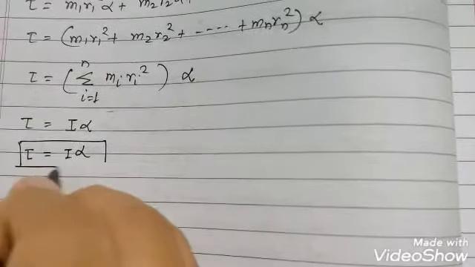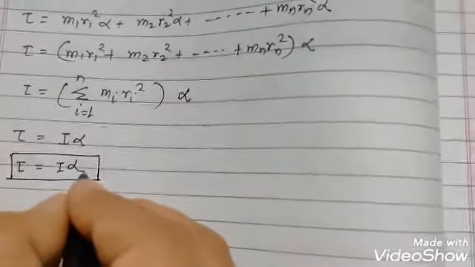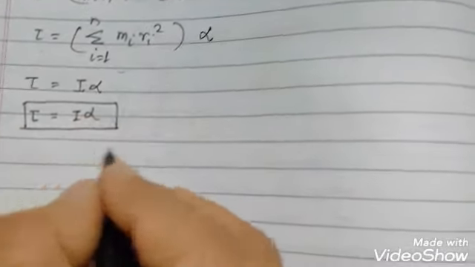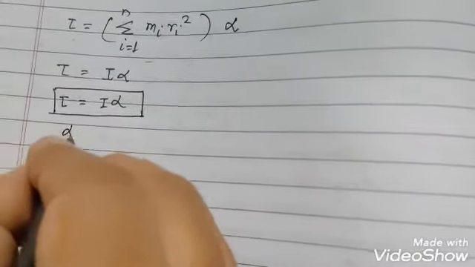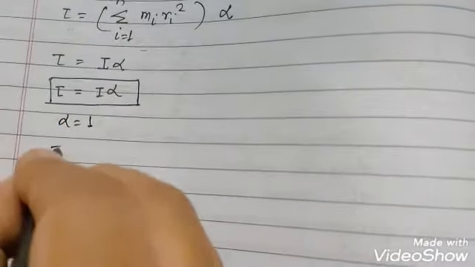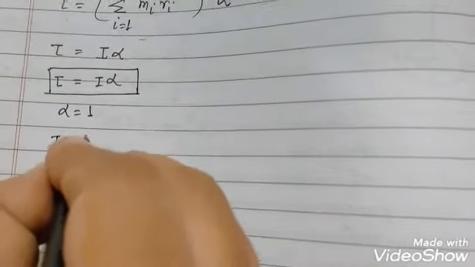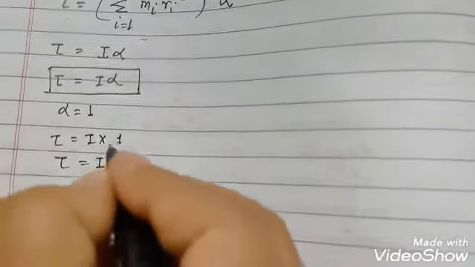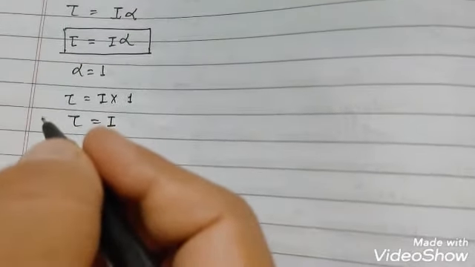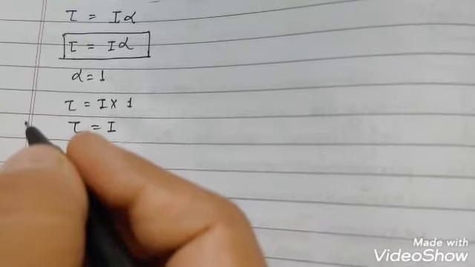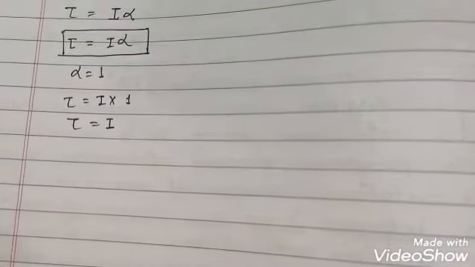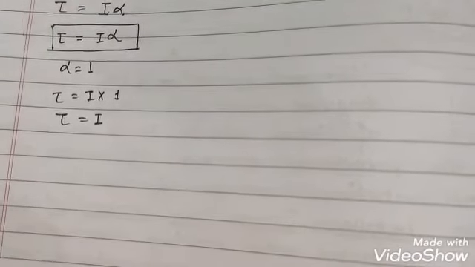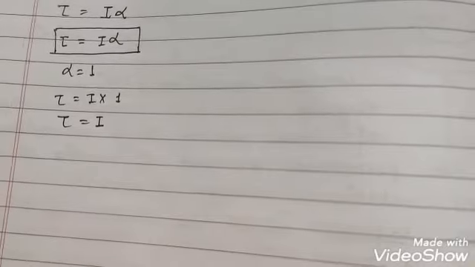This is the relation between the torque and the angular acceleration. Suppose we take alpha equal to 1, then tau is equal to I into 1, or tau is equal to I. Hence the moment of inertia of a body about a given axis is numerically equal to the torque acting on the body rotating with unit angular acceleration about it.